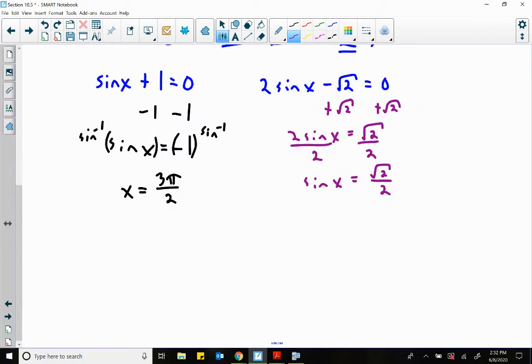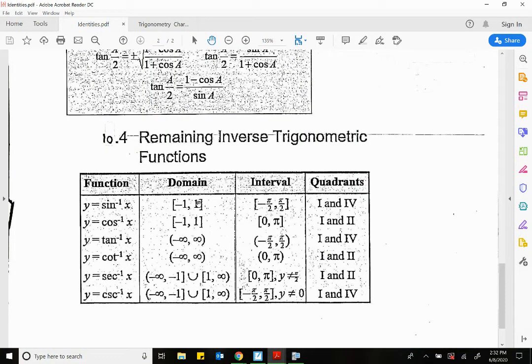And we will run inverse sine on this one. Sine inverse. So x is equal to, we want to know when is sine the square root of 2 over 2. And if we check this, square root of 2 over 2 is within this domain.